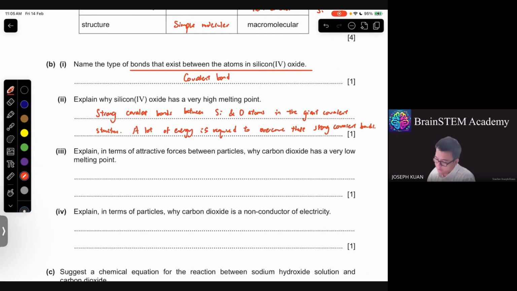Explain in terms of attractive forces between particles why carbon dioxide has a very low melting point. It's due to weak intermolecular forces between carbon dioxide molecules in the simple molecular structure.